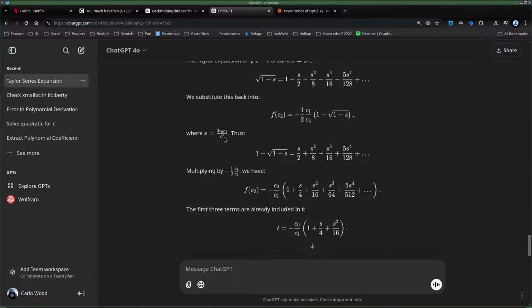If you multiply that with this, then the 2 is removed and we get a minus sign, and the C2 is removed and one of the C1s is removed. So you end up with minus C0 divided by C1. And this is actually correct.